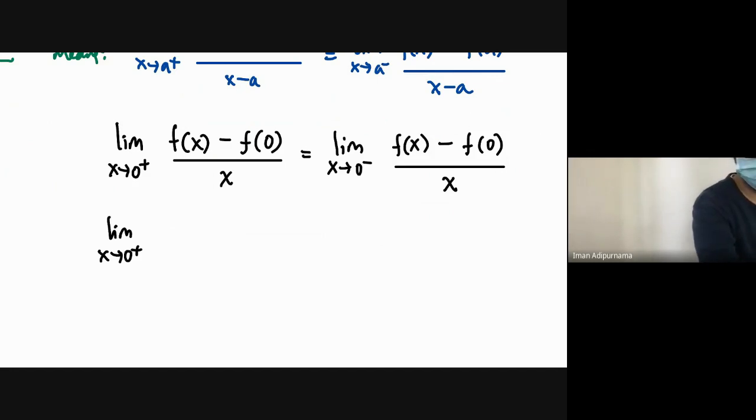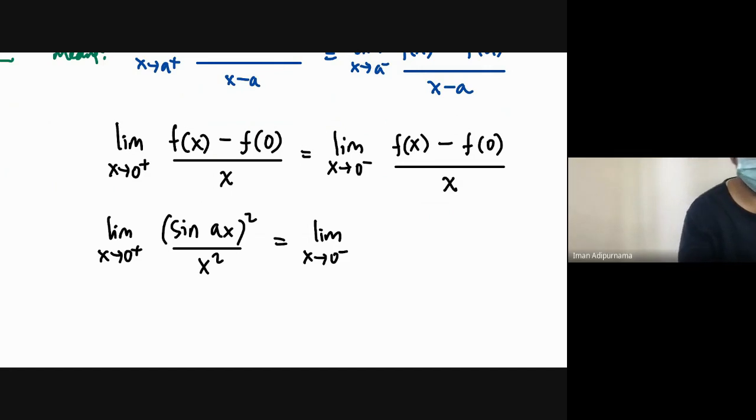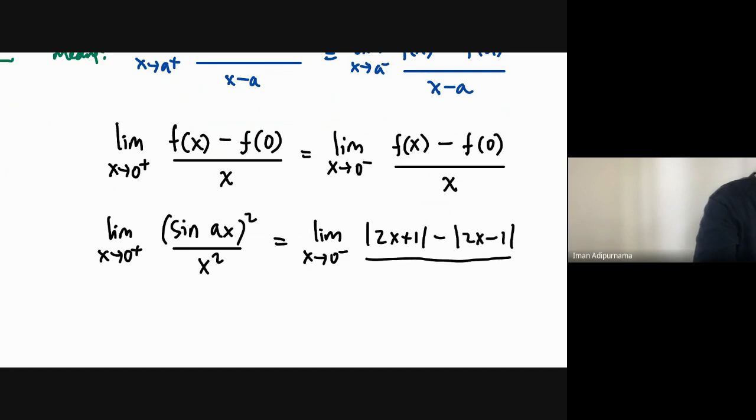Okay, so let's substitute with the functions. The right is sine, right? The sine of ax, and let me square this, and then this will be x and x squared, right? And then the limit x from the left, this is 2x plus 1 minus 2x minus 1, and the absolute value.